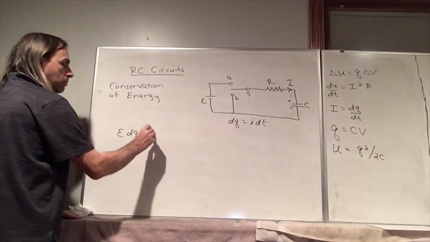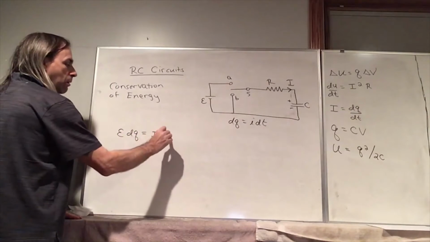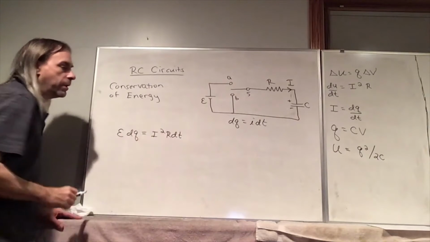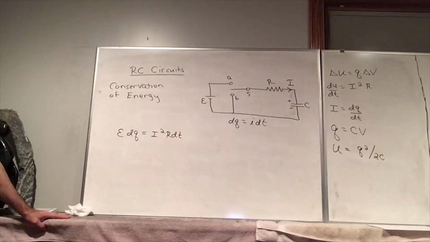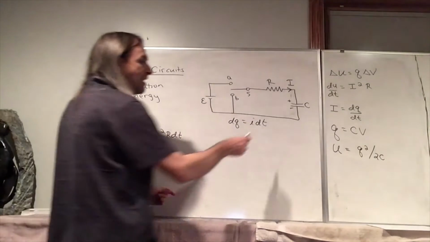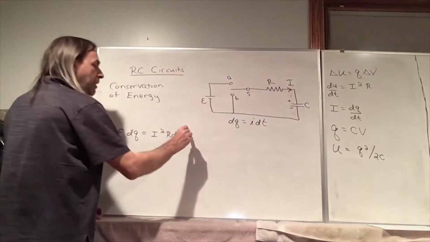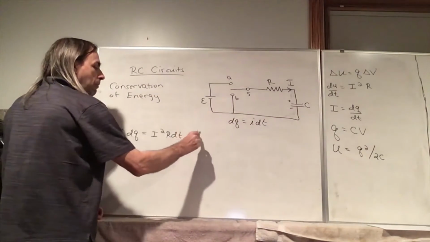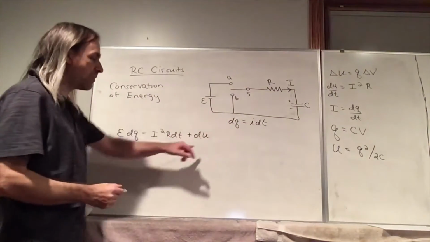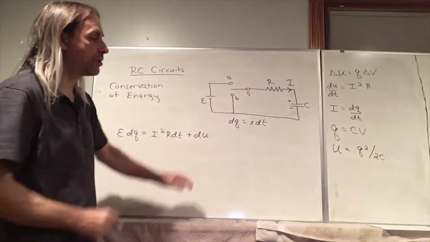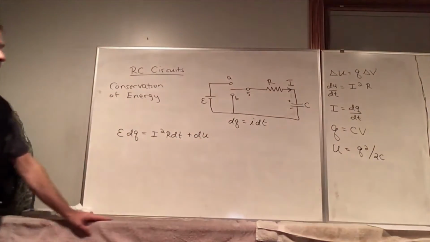Multiply by dt, and that gives you the change in energy of the resistor. And the capacitor is going to gain an amount of energy dU, where U is Q squared over 2C.